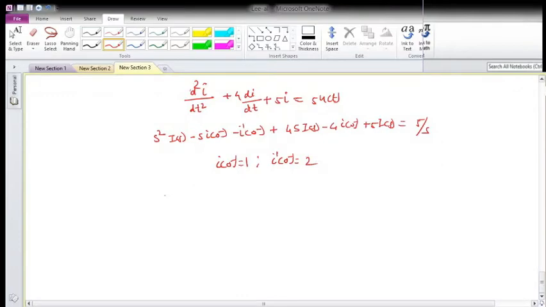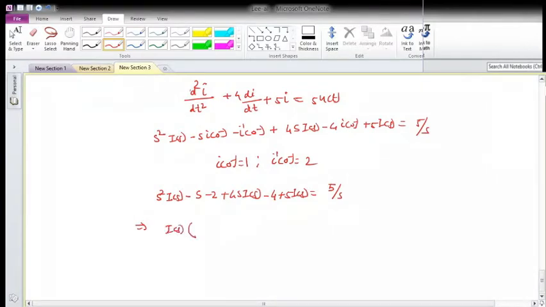So I'll put it here: s square I of s minus 2, plus 4s I of s minus 4 into I of 0, so it will be minus 4, plus 5 into I of s, which is equal to 5 upon s, and I will take all the terms I of s on the left hand side.